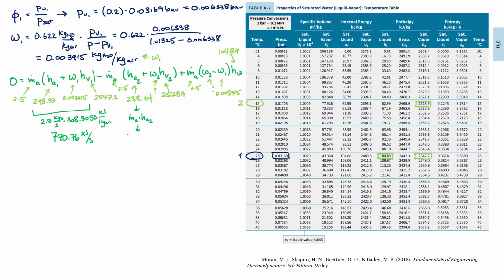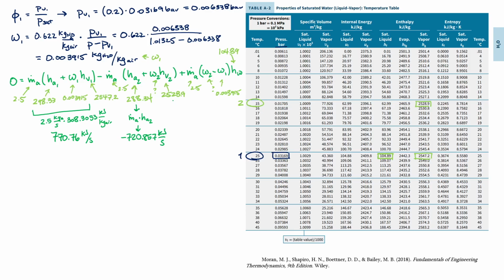I've got a negative sign in front of this because this is energy leaving the system. So I have a negative 720.857 kilojoules per second.